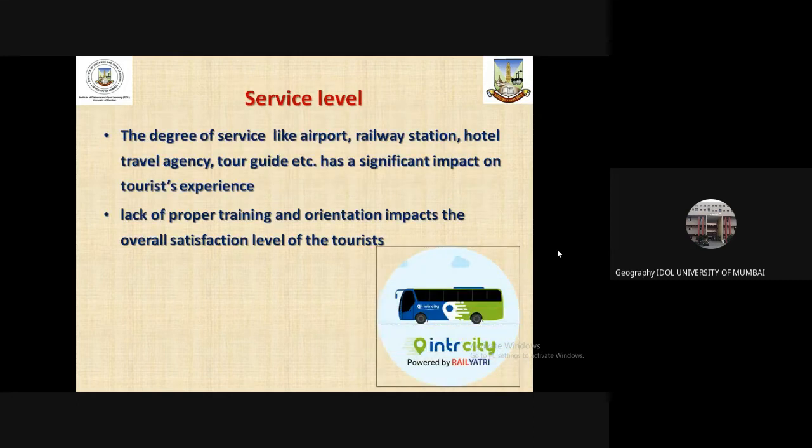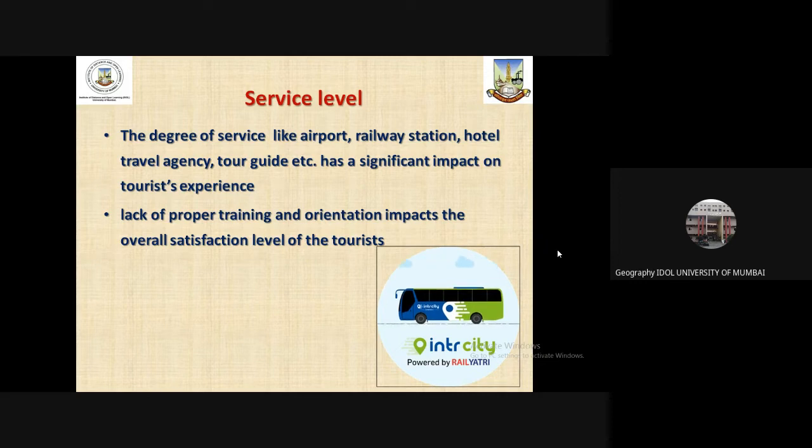The level of service, as far as the infrastructural services like airport, railway stations, hotels, travel agencies, and tourist guides is concerned, has a significant impact on tourist experience, because the kind of facilities that are available at airports, railway stations, hotels, travel agencies, or from tourist guides influences people more than any other facility.